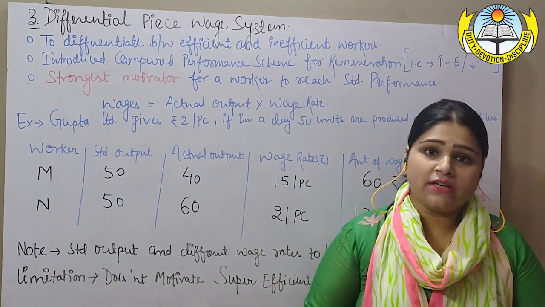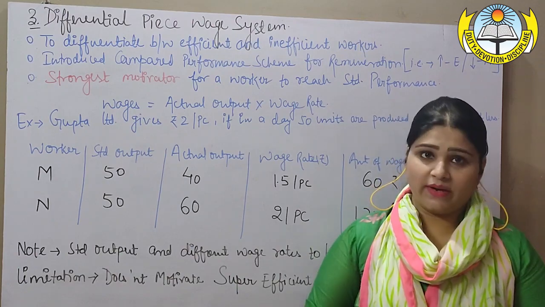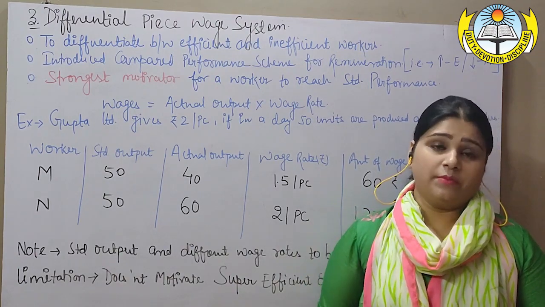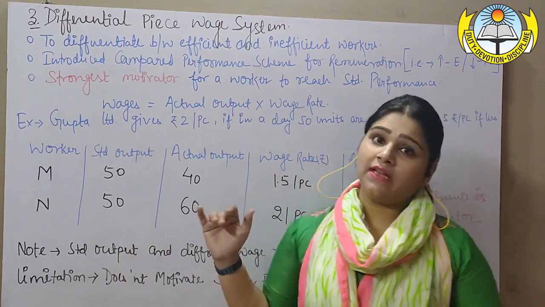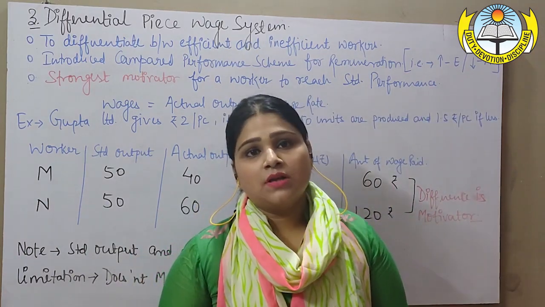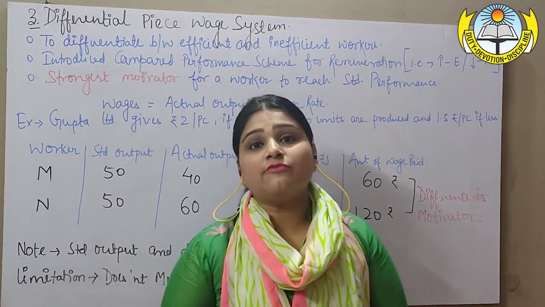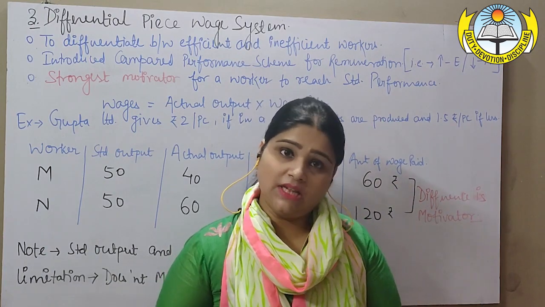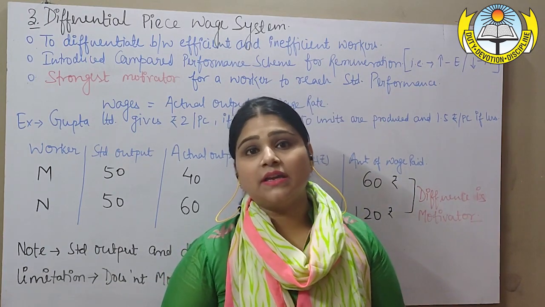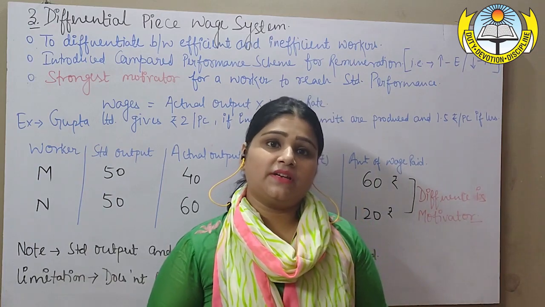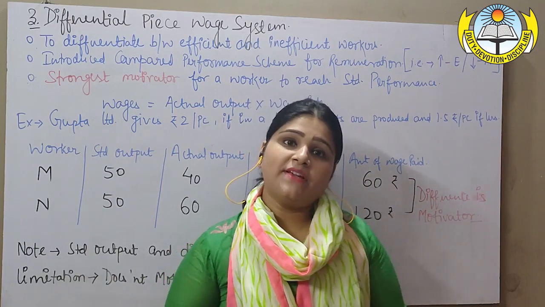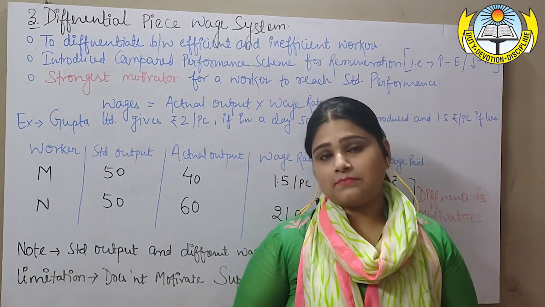Taylor was of the opinion that money is the strongest motivator. It can motivate anybody. And as per Taylor, if somebody is rewarded in terms of money for better work done, this will definitely work as a motivator for the rest of the employees working in the same potential.